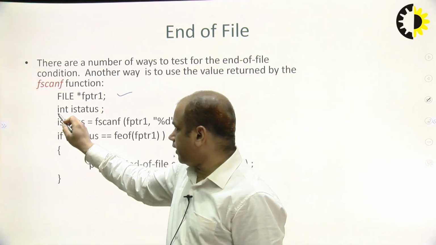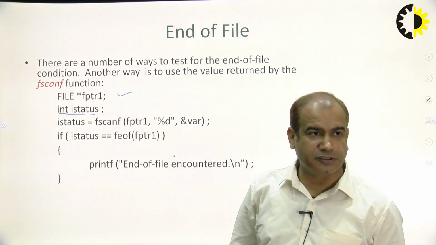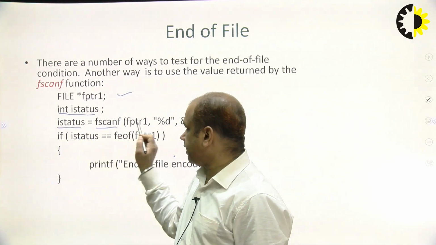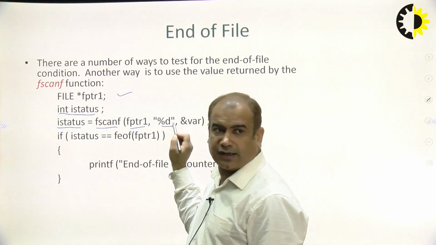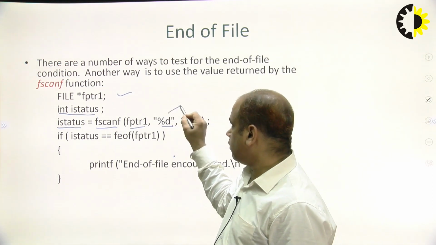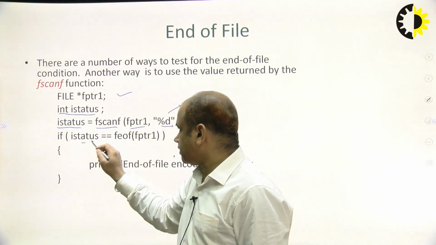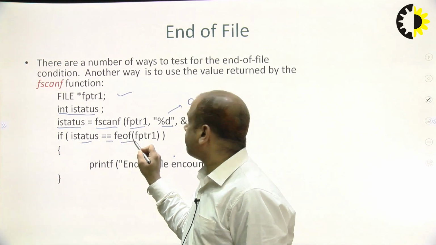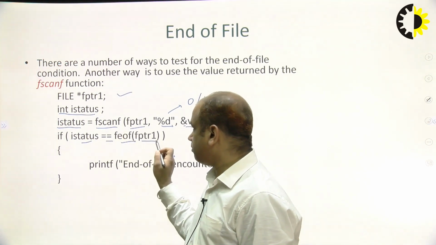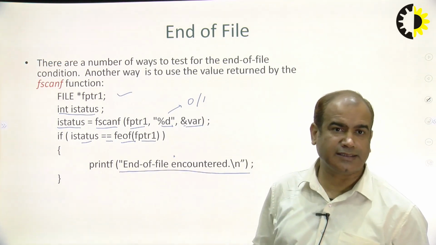In this syntax we declare FILE star fptr1. Here we are defining the status. This status takes a boolean value, either 0 or 1. So status equals fscanf with the file pointer, the string variable, and the integer value, whether it will be 0 or 1. If status is equal to EOF, meaning end of file from fptr1, in that case it will print end of the file is encountered.